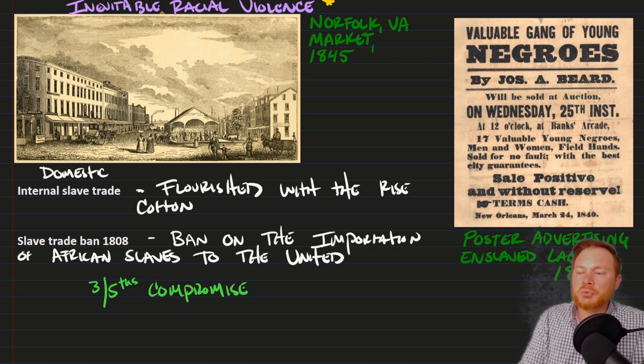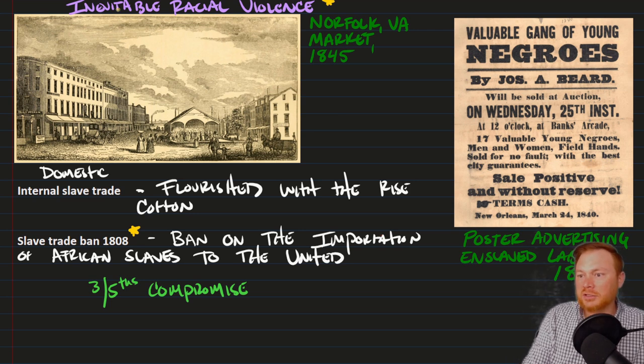And so what Northerners worried about was that, well, if the South can count the enslaved population for the purposes of getting more votes in the Congress and getting more votes for the president, they didn't want to allow the South to just import millions and millions of enslaved individuals, giving them more and more votes. So they said, look, we have to ban the importation, we have to ban the Atlantic slave trade coming in.